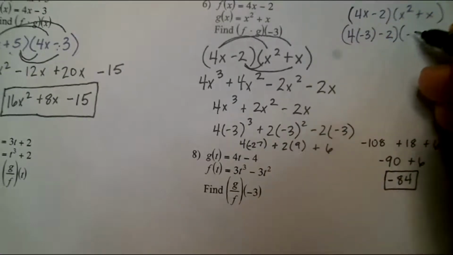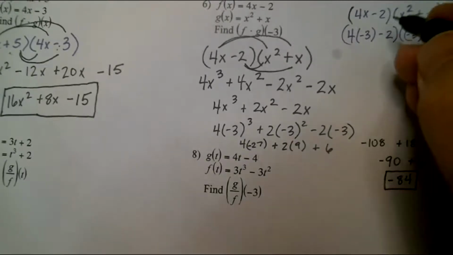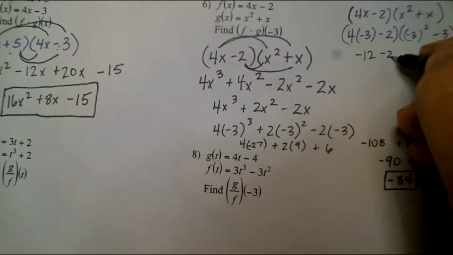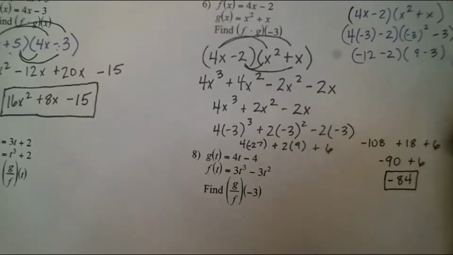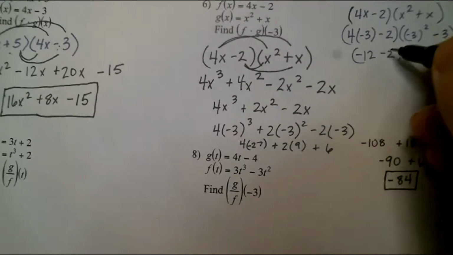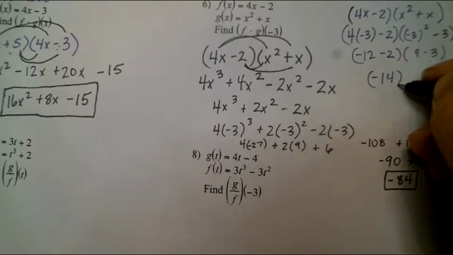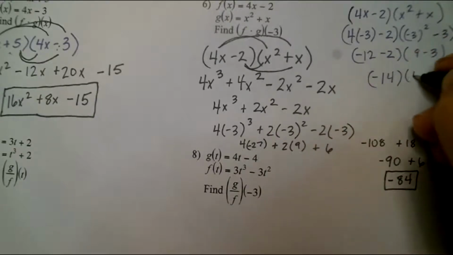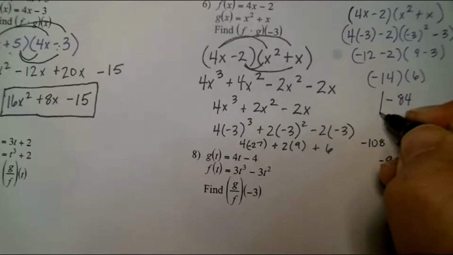And then -3 squared plus -3, which is just basically -3. That's -12 minus 2. And that's 9 minus 3. -12 minus 2 would be -14. And then -14 times 6. And that would take us to -84.